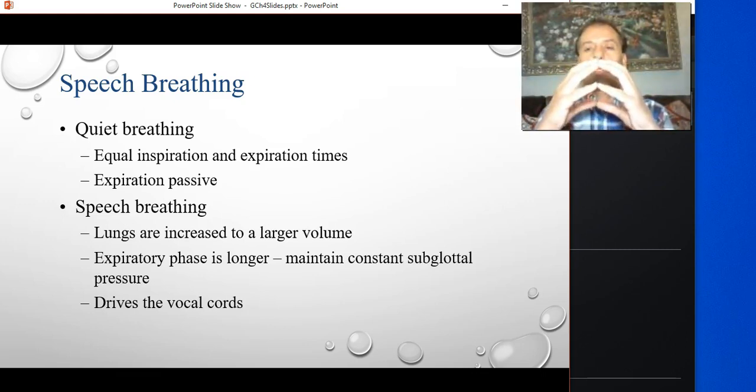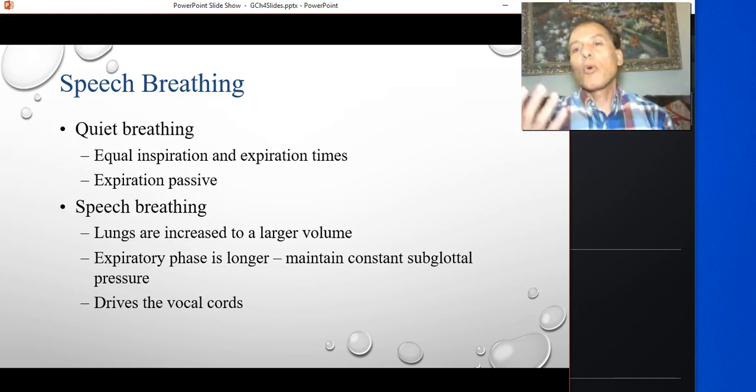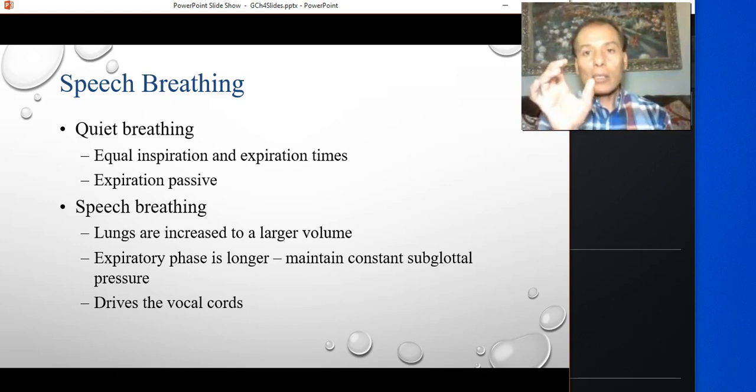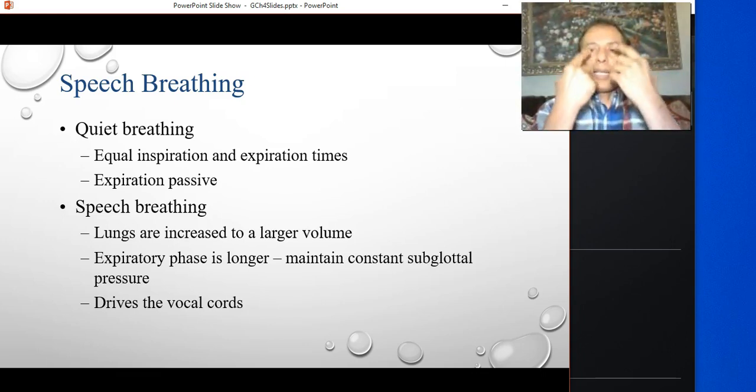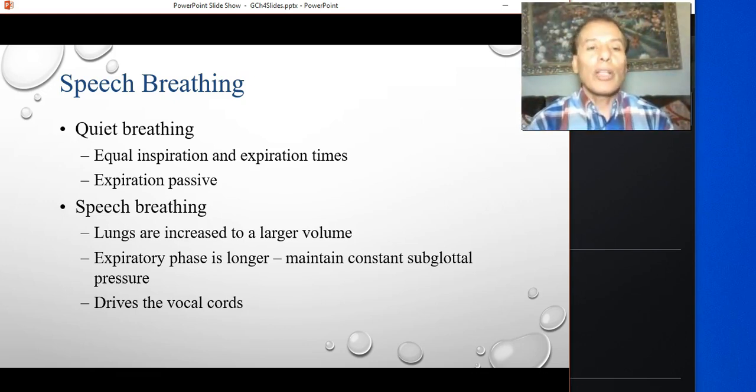So let's say, for example, if you give both an inhalation and exhalation 10 seconds, then 4.5 seconds are going to be spent in taking the air in, and 5.5 seconds will be taken in exhaling that air, expelling it out. That is natural rest breathing.